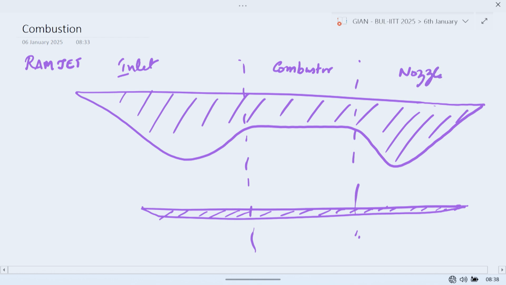In inlets, because it is flying above Mach 1, probably in the range of Mach 3 to 5, we will be covering the shock waves.